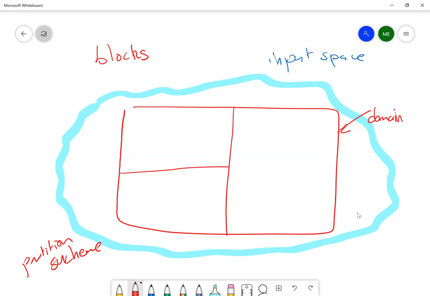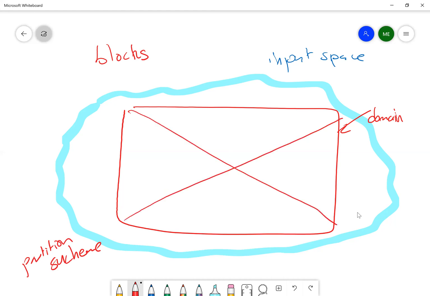So this is block one, this is block two, this is block three. This is a partition scheme. I could have decided to break it down into a different scheme. For example, B1, B2, B3, B4.